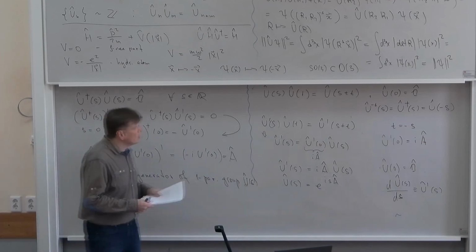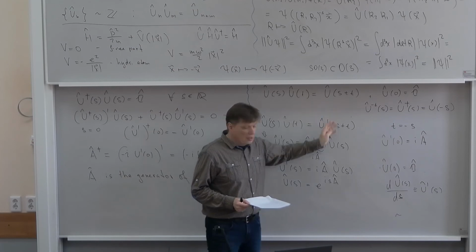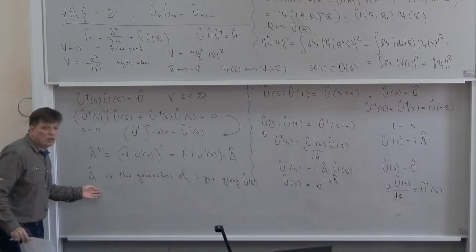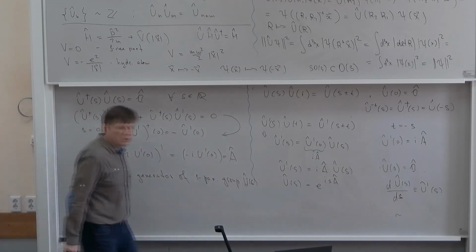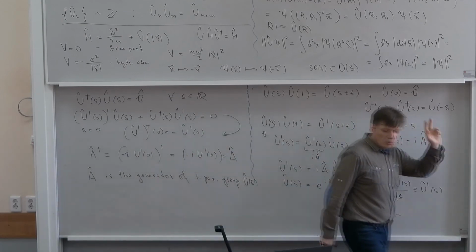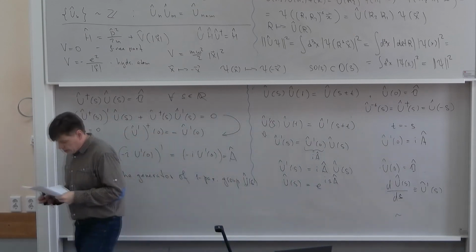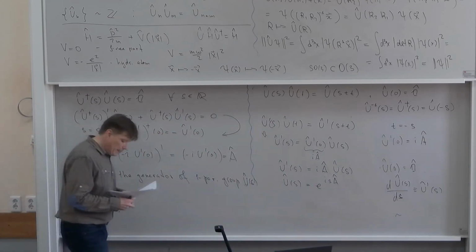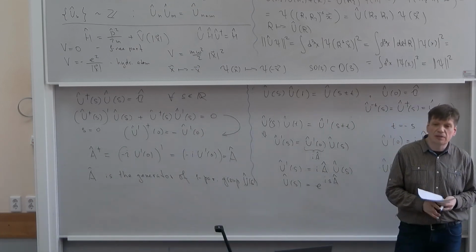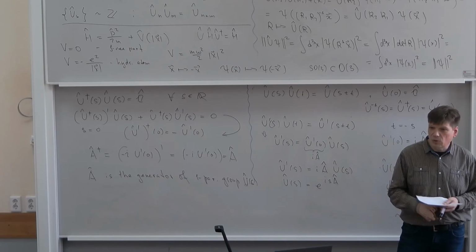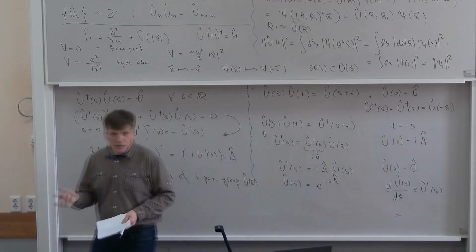Each one parameter group of symmetries is generated by some integral of motion A. So there is a one-to-one correspondence between symmetries, parameter groups of symmetries, and the generators. And this statement can be viewed as a quantum mechanical counterpart of the celebrated Noether's theorem, known from classical mechanics, on the relationship between symmetries and conservation laws.